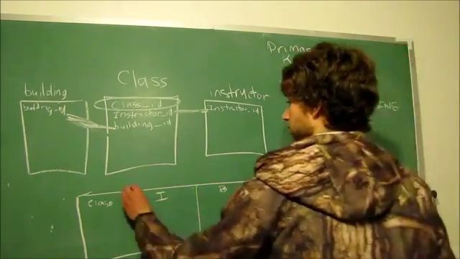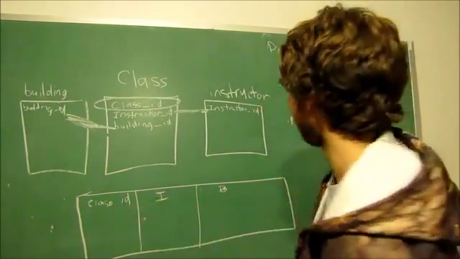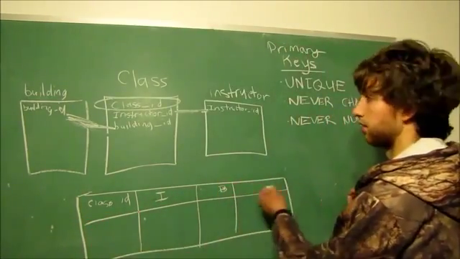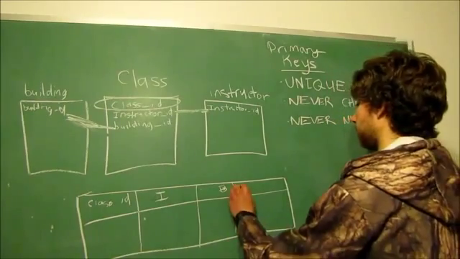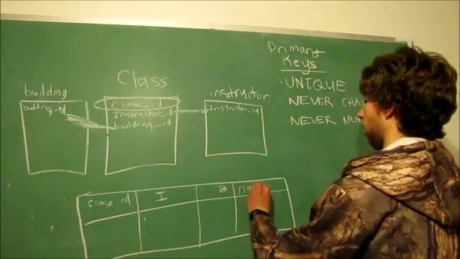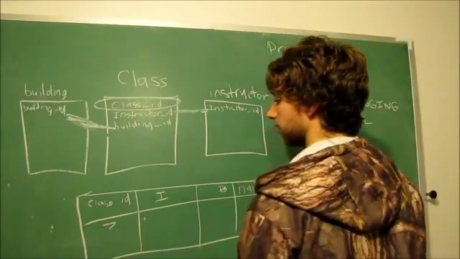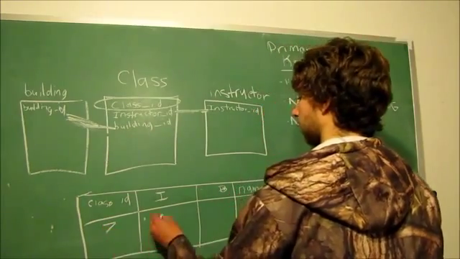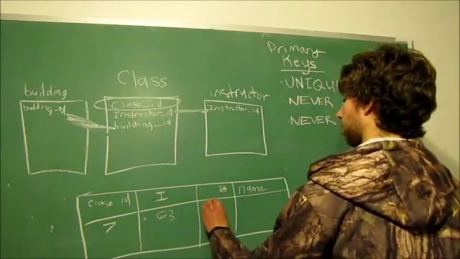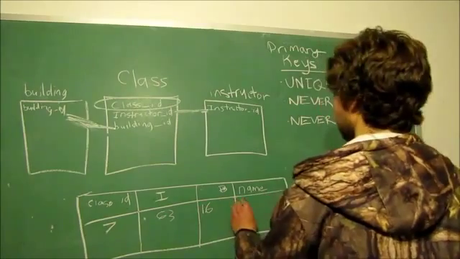To be more accurate to what a normal database would be, we could add the name of the class, like biology or whatever. So we could have a class ID with a value of 7, the instructor ID could be 63, the building ID of 16, and then the name could be biology.